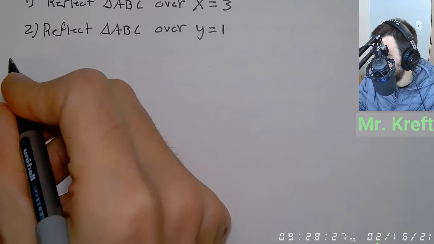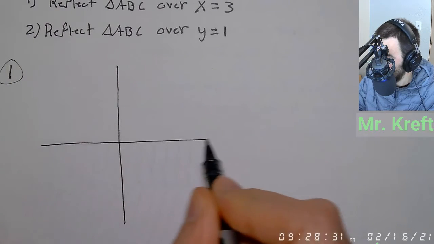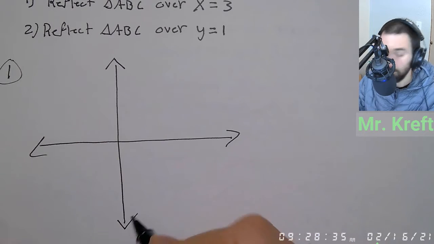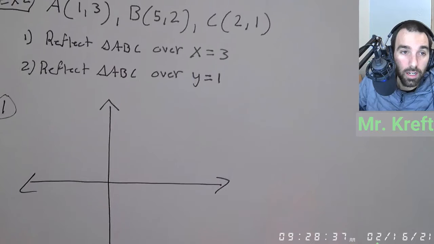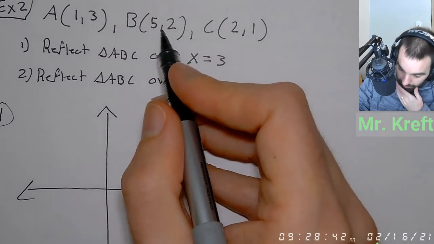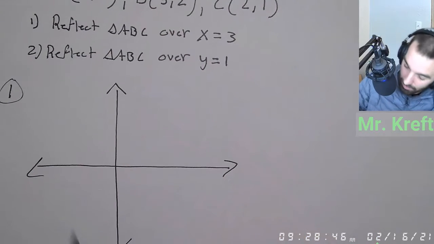So for the first one, I'm going to make a coordinate system. Now I look here, and it looks like I have 5, so I'm going to make a 6 by 6.